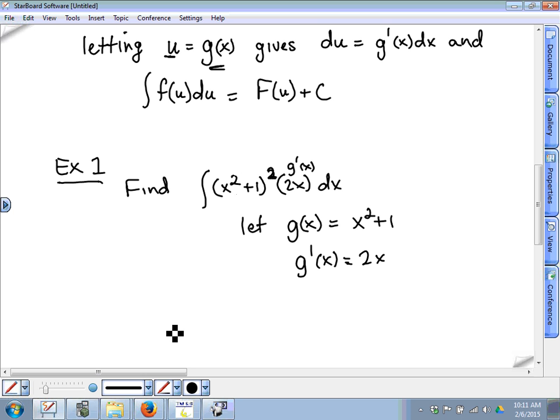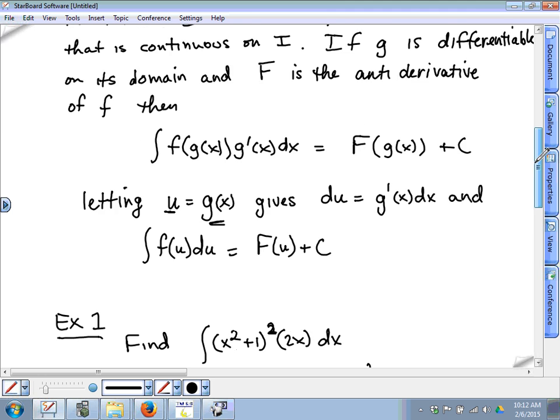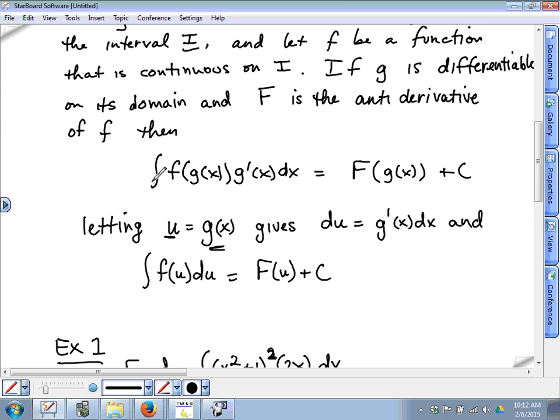The outside function is this thing that's being, yeah. Look at the definition, you guys. If we're taking the integral of some kind of a function inside of an outer function, and then we have the product of the derivative of that inner function, then what does it equal?